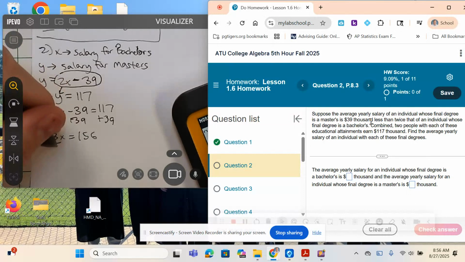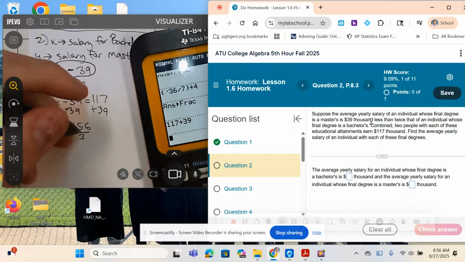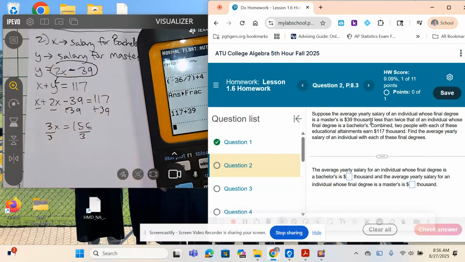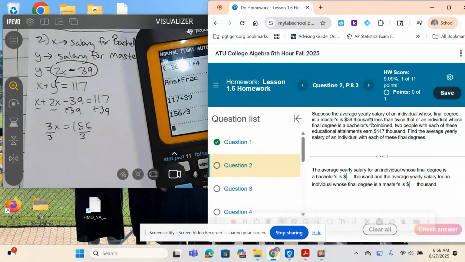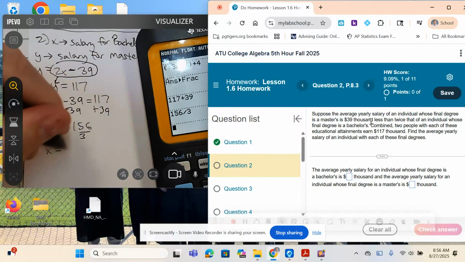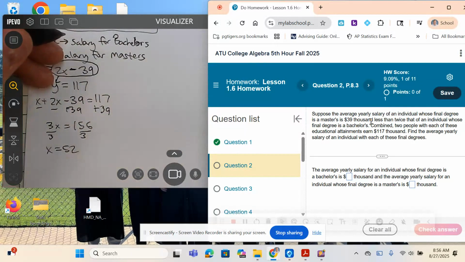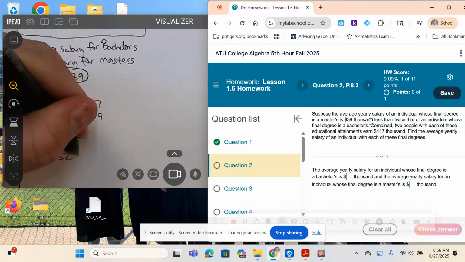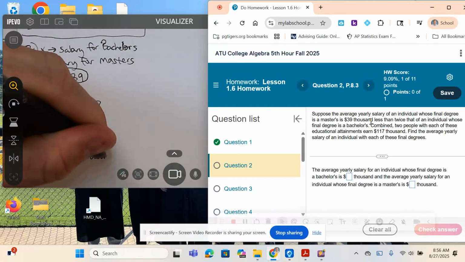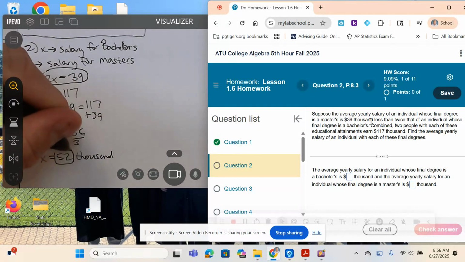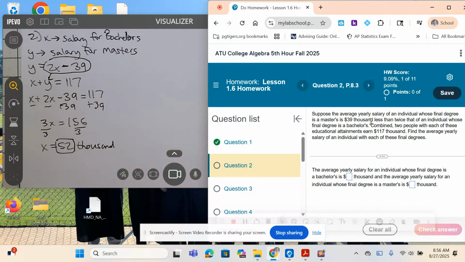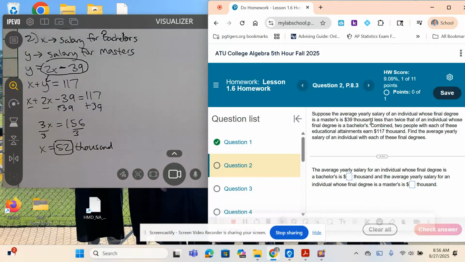Then divide by 3. Now be careful when you enter this. It's in terms of thousands already. We had the issue yesterday when I was helping a student with this one. So 52,000, but don't put 1,000 in your answer. You're going to put 52 as your answer. Don't put 52,000 because it's in terms of thousands.